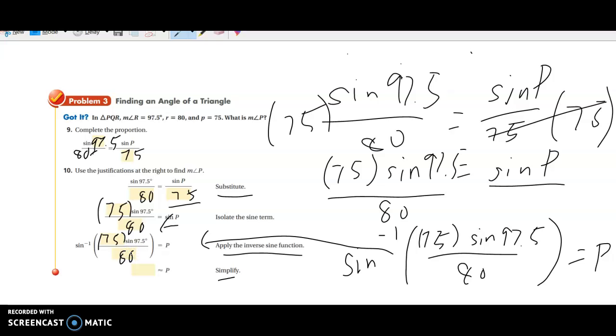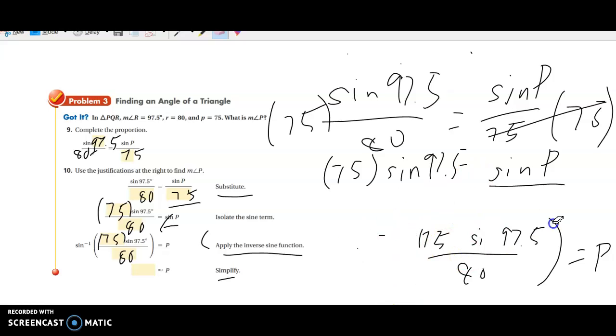Now if we input these values into a calculator, sine 97.5 would equal approximately 0.99, and if we multiply that by 75, we would get approximately 74.36, and then if we divide that by 80, we'd get approximately 0.93.